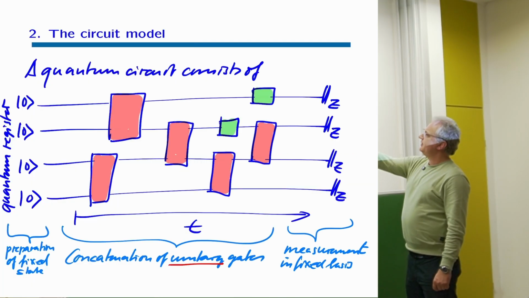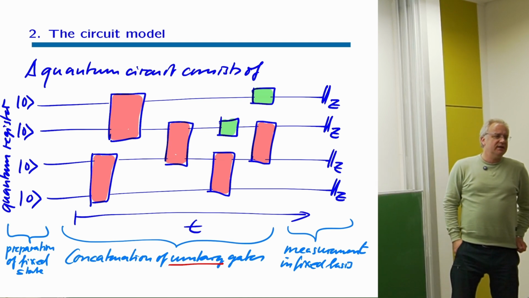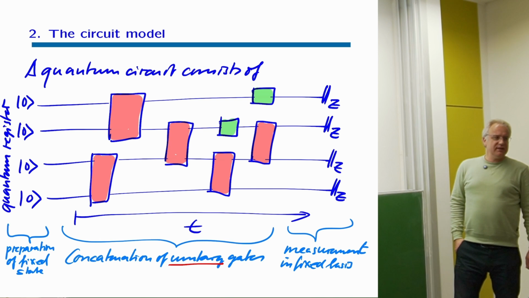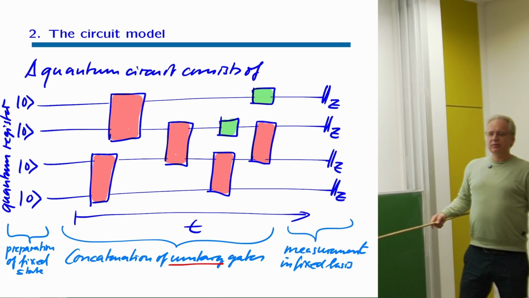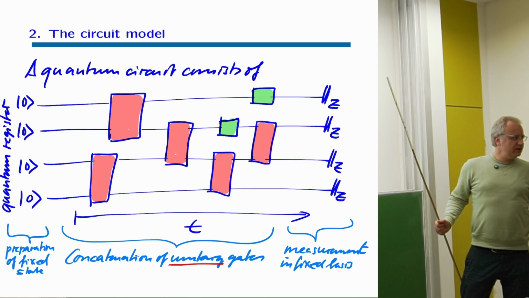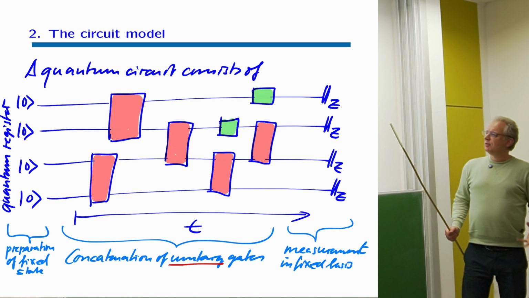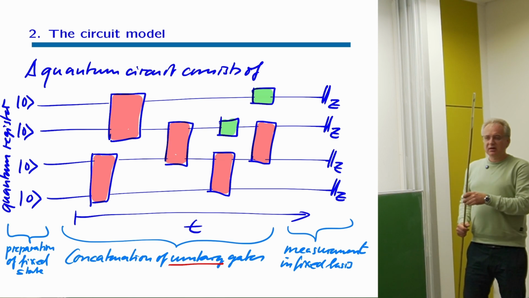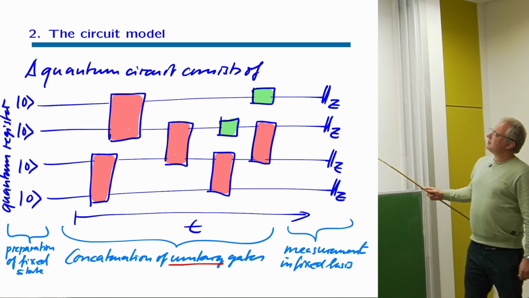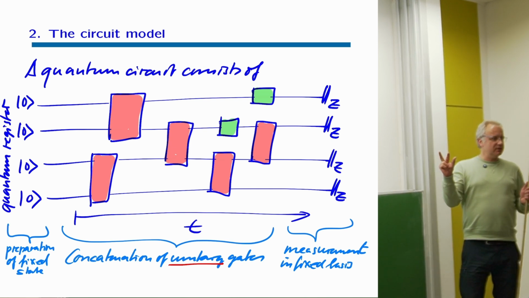Then comes the varying part, and this is a bunch of quantum gates. All that needs to be said at this point is that these quantum gates are all unitary. Maybe let me say one more thing. Unitary evolution means generated by a Hamiltonian, and to get particles to interact in a quantum way with one another is kind of hard, not impossible, far from it, but kind of hard, and therefore you want these gates to act on as few qubits as possible.